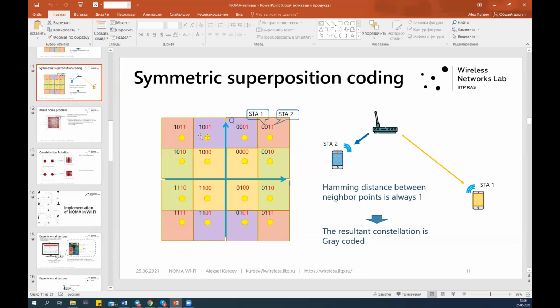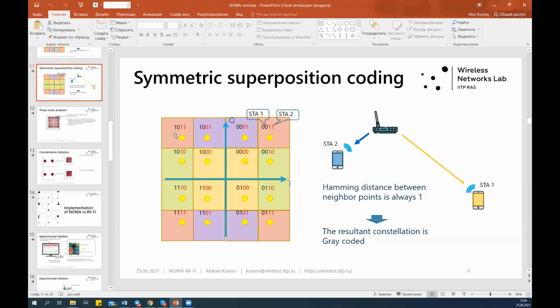In an original Wi-Fi receiver, we detect the whole points of 16 QAM and make a representation of each point as some sequence of bits.